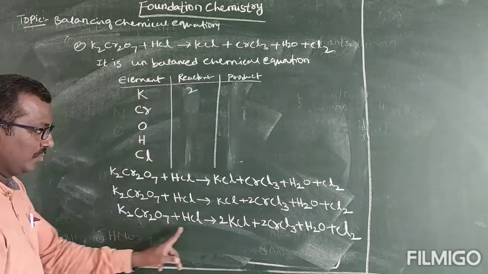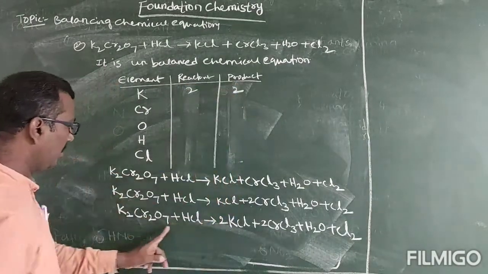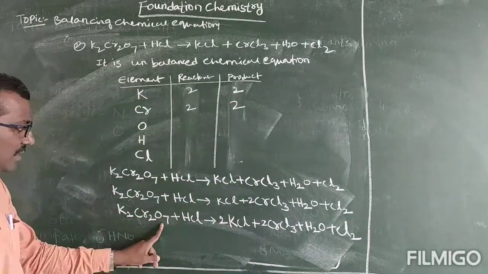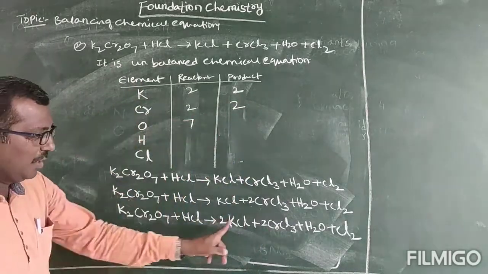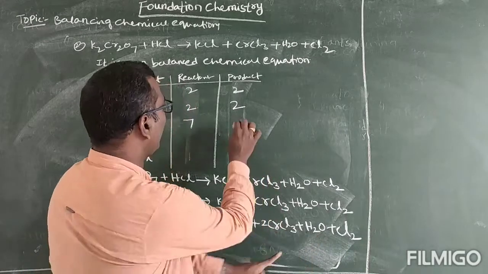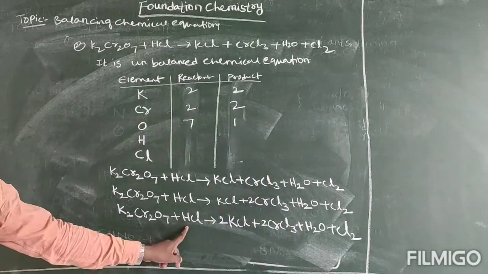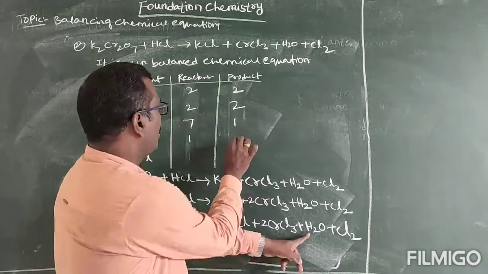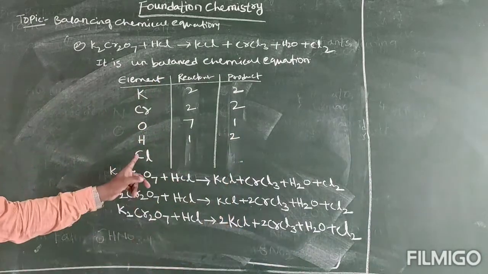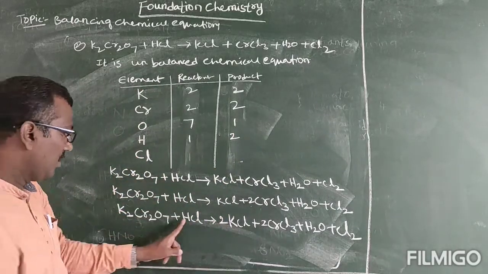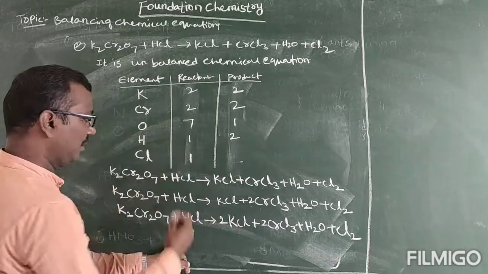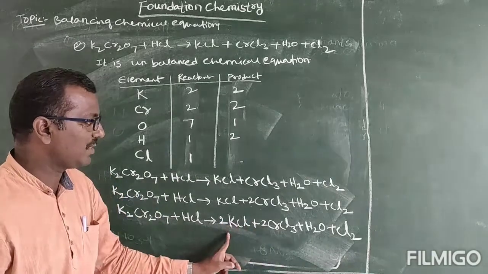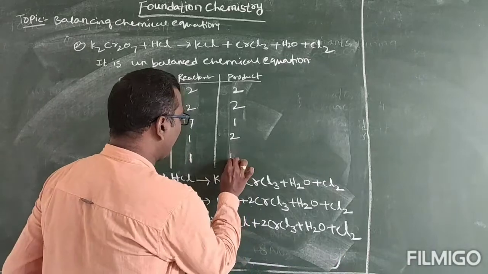Potassium 2, here 2, chromium 2, here 2, oxygens, the reactant side 7, product side only 1. And next hydrogens, reactant side 1, product side 2. Next chlorines, reactant side 1, product side 3 2s are 6, 6 plus 2 8, 8 plus 2 10.